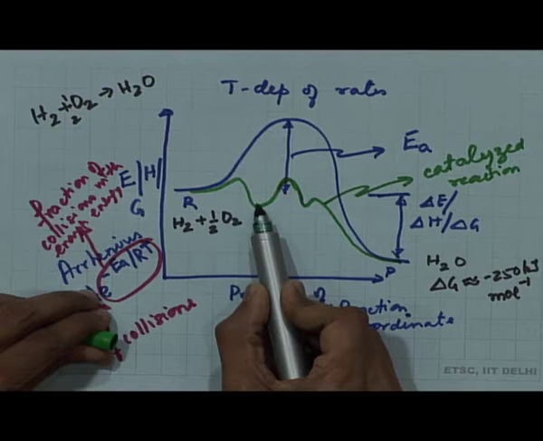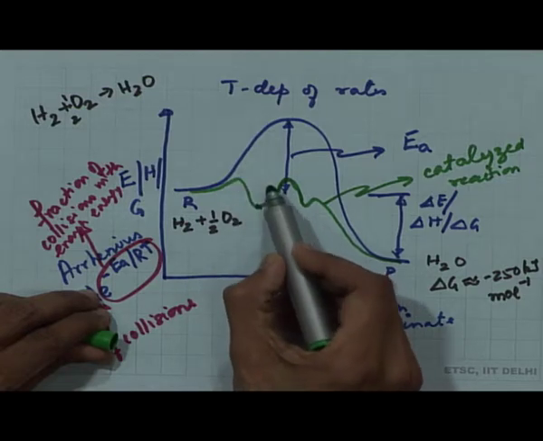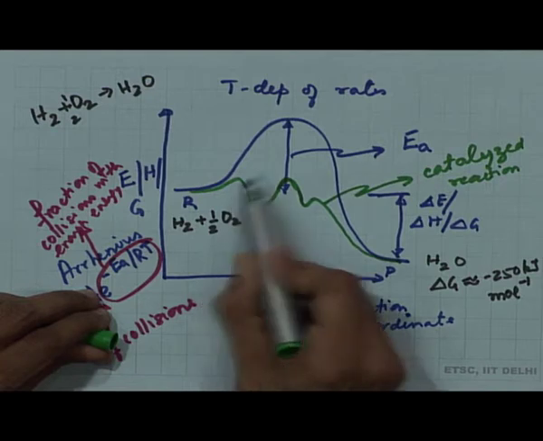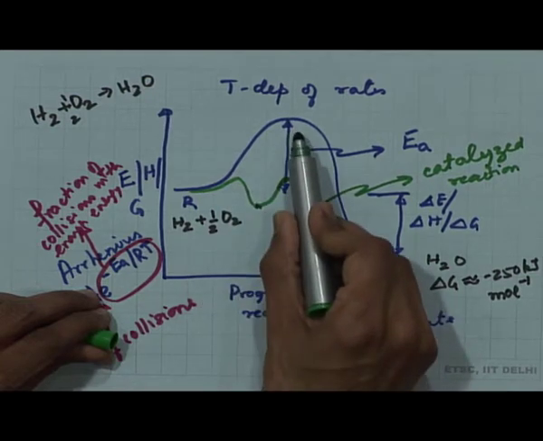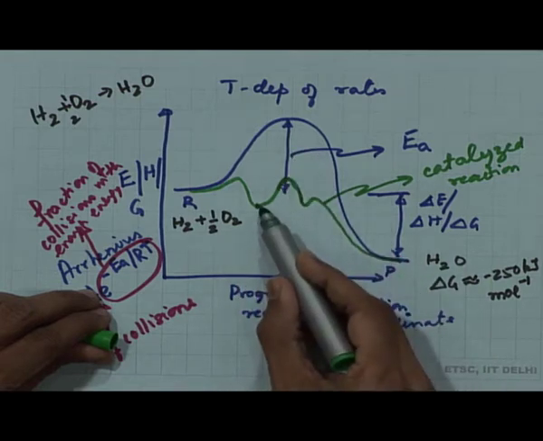So, this point corresponds to hydrogen and oxygen bound to the catalyst surface, which is not there in the absence of a catalyst. So, this is this dip. This hump corresponds to the activation barrier for the adsorption process, and look at this. This barrier is much smaller than this barrier, and that is the key. So, you get into this.